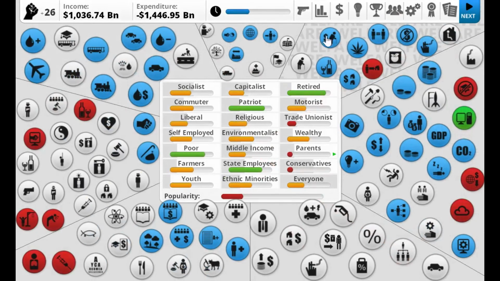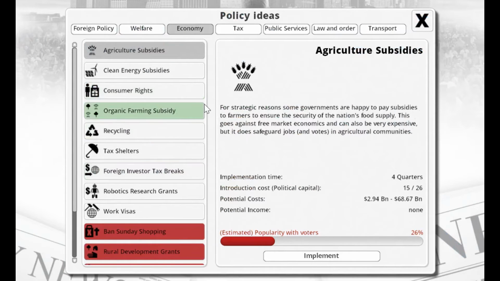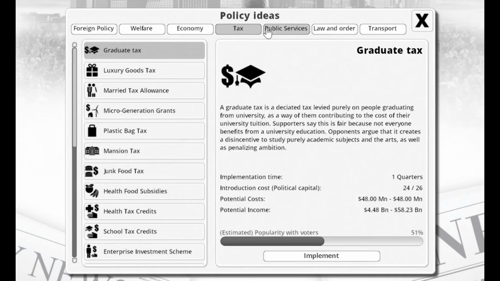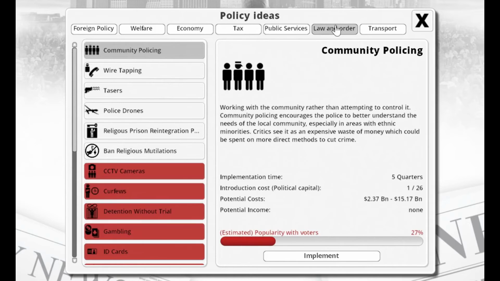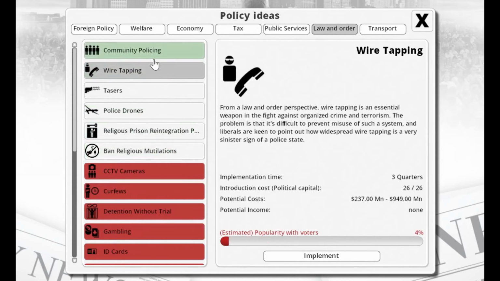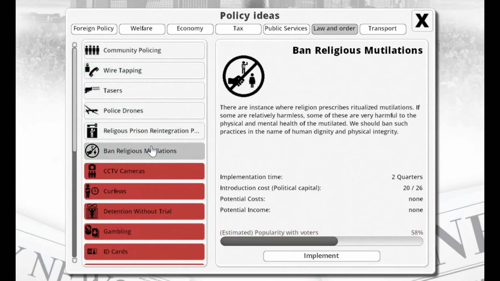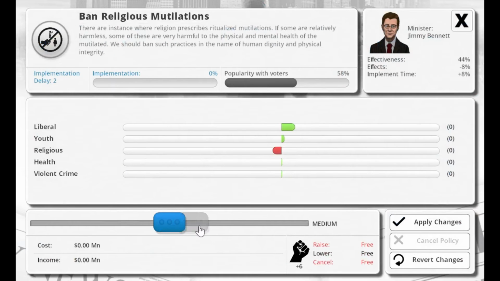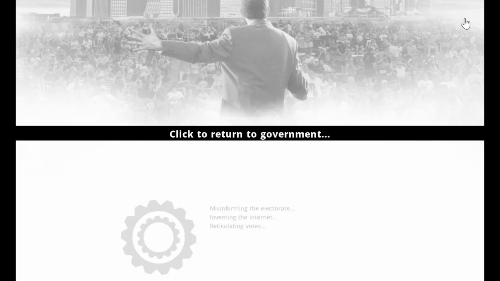It would honestly help. Wiretap, no. Okay, there we go. Sorry, religious people.